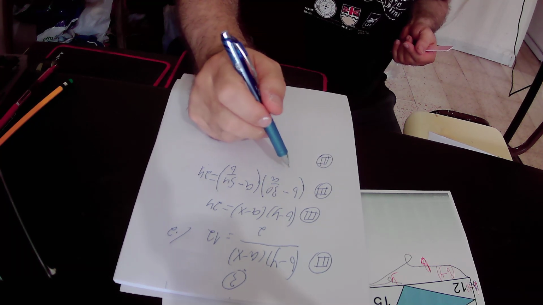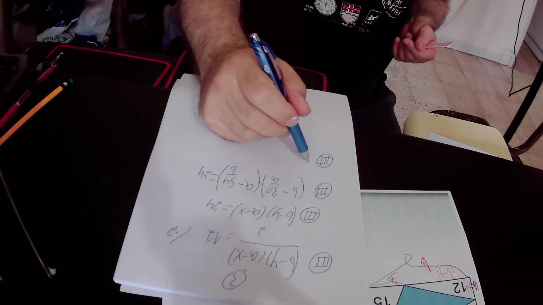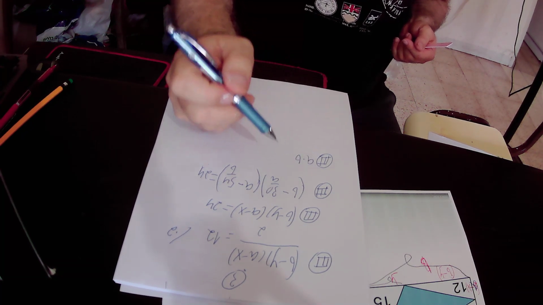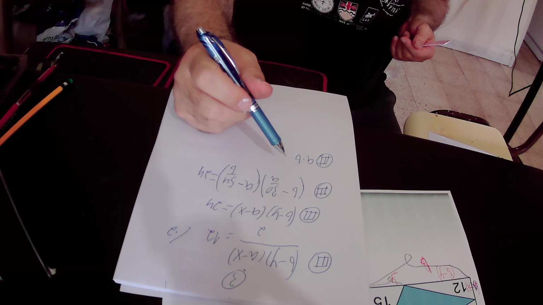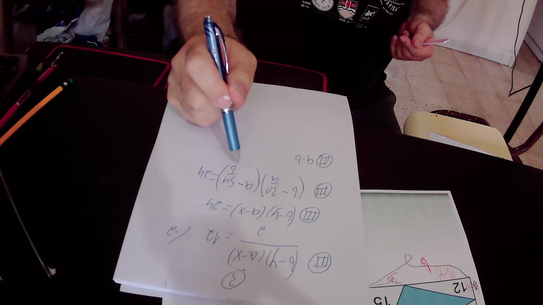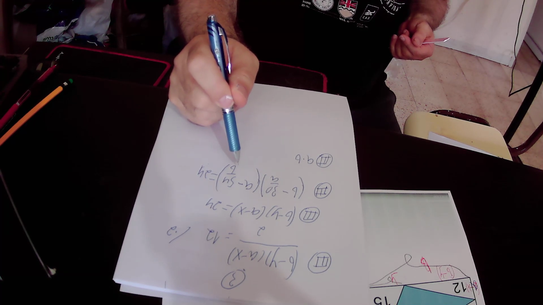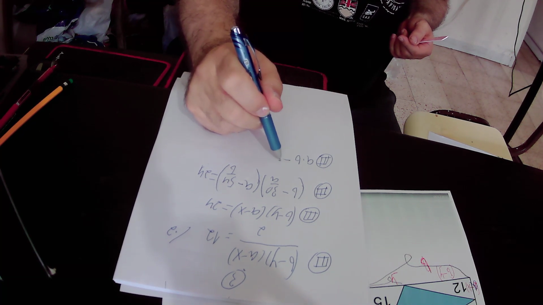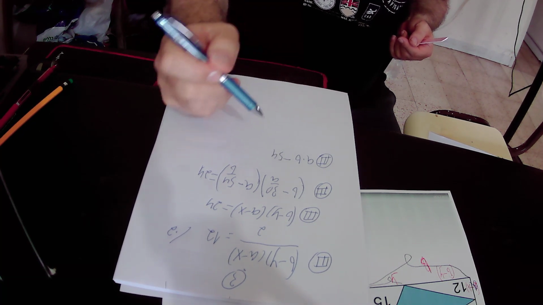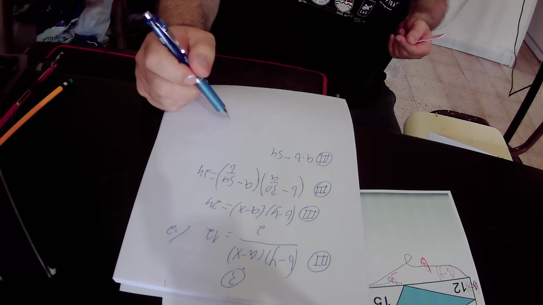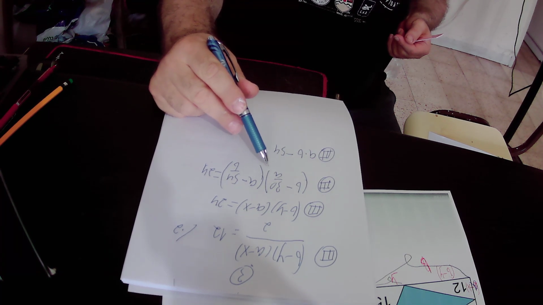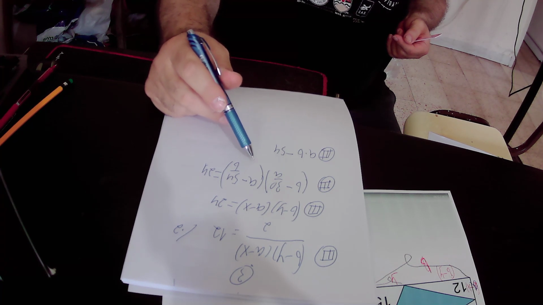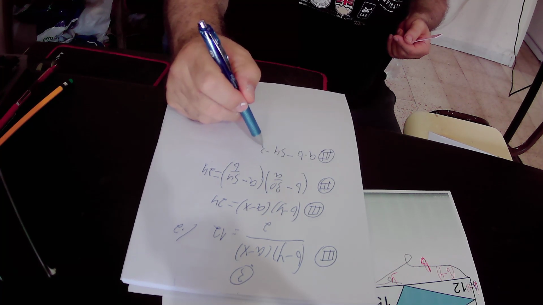b times a is BA, or AB, it is the same. B times negative 54 over b is negative 54, and negative 30 over a times a is negative 30.